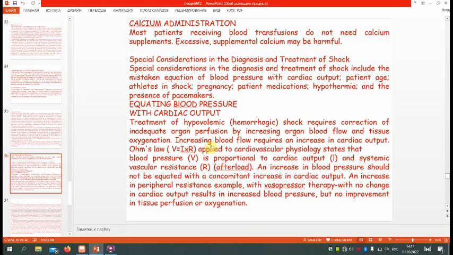An increase in blood pressure should not be equated with a concomitant increase in cardiac output. An increase in peripheral resistance, for example with vasopressor therapy with no change in cardiac output, results in increased blood pressure, but no improvement in tissue perfusion or oxygenation.